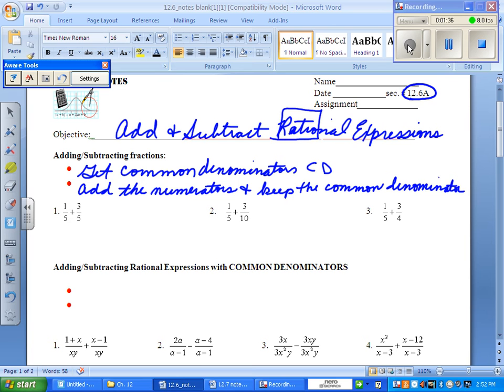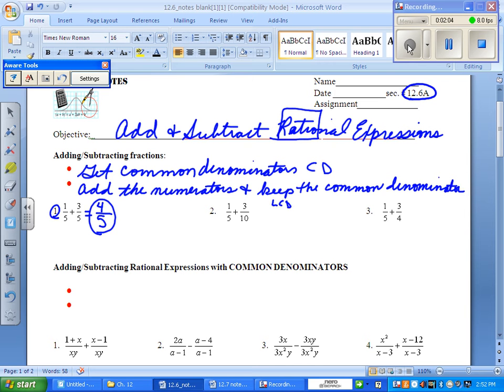Alright, there's two types, those with the common denominator already and those that you have to get common denominators. But we're going to review with fractions without expressions in them. That means no variables. So in the first one, since you already have common denominators, you simply add the numerators together but keep the one single denominator. Make sure it's reduced. In the second one, you have to get common denominators.